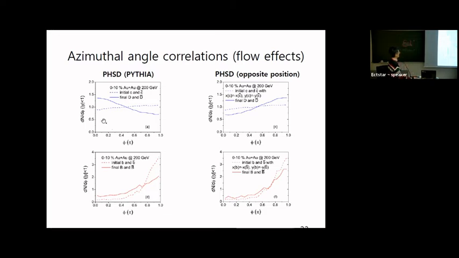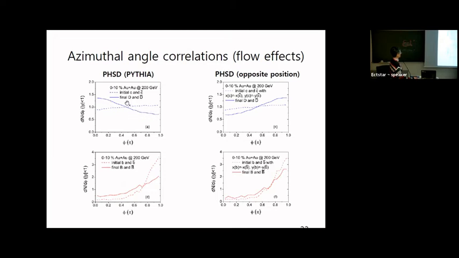And this dashed line is the correlation of initial charm and anti-charm in central gold-gold collisions at 200 GeV. And it is rather flat, though it is a bit biased at back-to-back collision. But after heavy ion collisions, this correlation changes, like this solid line.